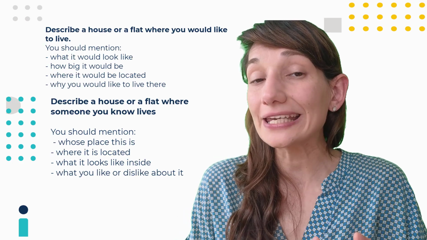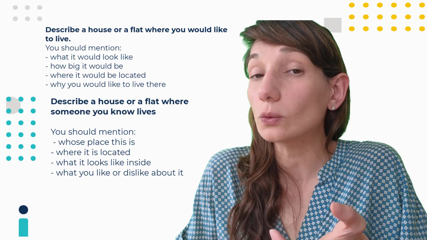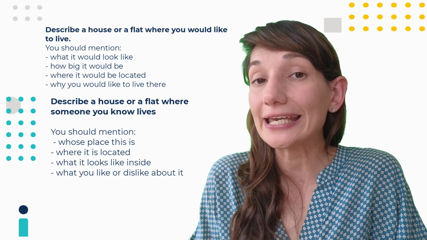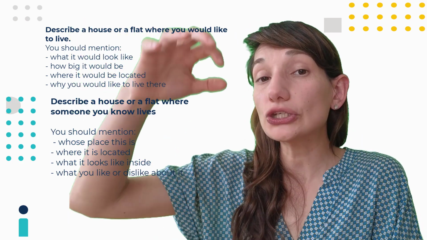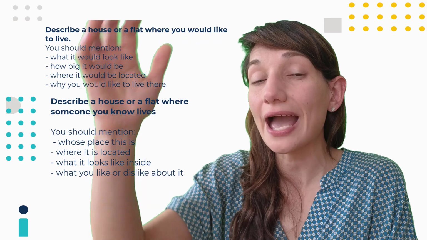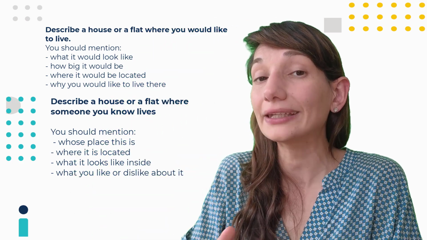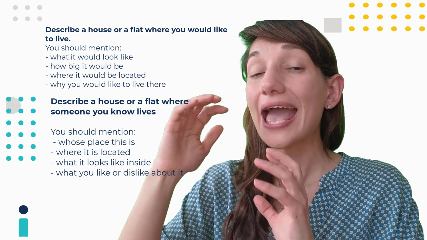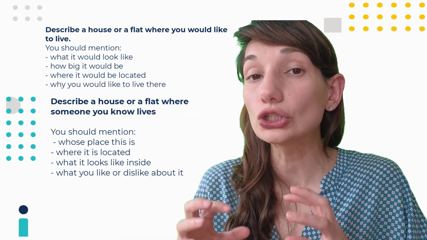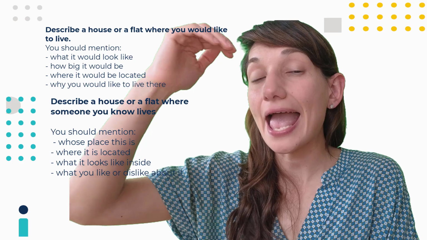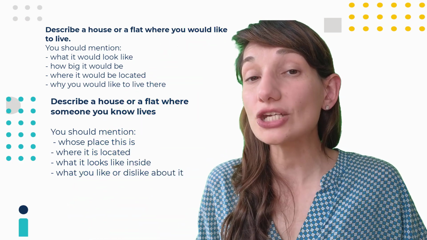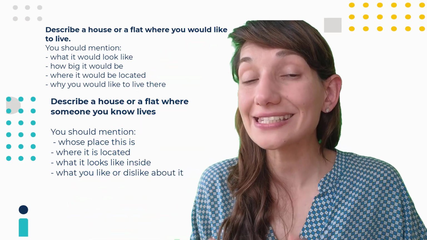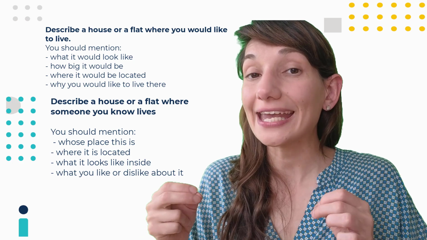Therefore, if you do get a cue card, describe a home where you live or describe a home where you would like to live, then you can simply use all the vocabulary. You can combine all the answers that we have just covered, and that will be enough for you to make a 2-minute speech that is needed for the second part of the exam.